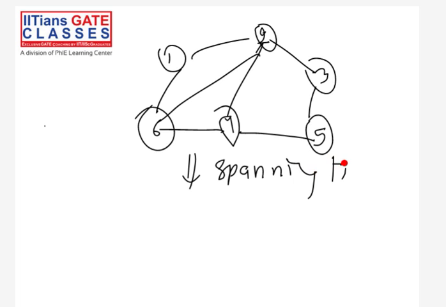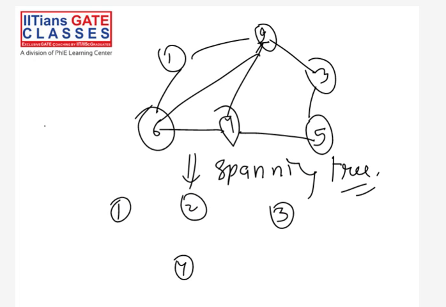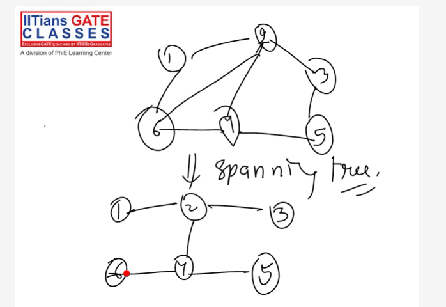If I want to create a spanning tree out of it, it will be nothing but you keep all the vertices of the original graph and try to use n minus 1 edges to create the spanning tree. So something like this, and let's say this, and then this, and then this. This is one of the spanning trees, okay?